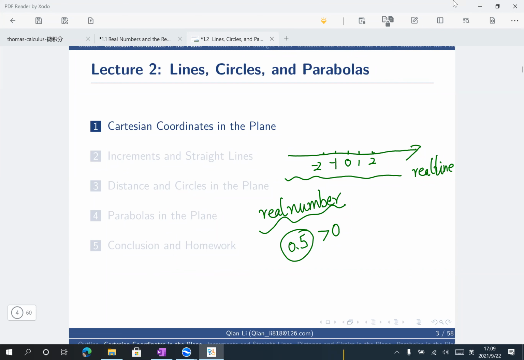The 0.5 is the middle point between 0 and 1, so this middle point will be positive 0.5.